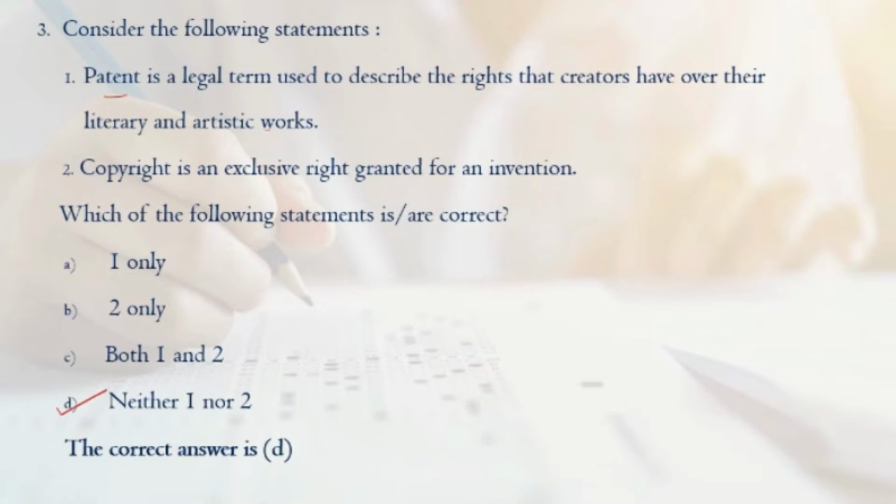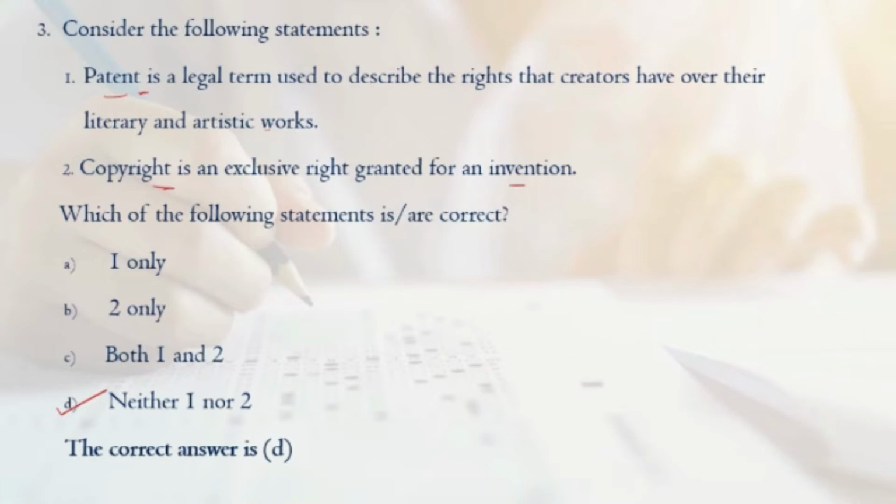Neither first nor second, because patent is an exclusive right granted for an invention. A patent provides the patent owner with the right to decide how or whether the invention can be used. Patent is related to invention. In exchange for this right, the patent owner makes technical information about the invention publicly available in the published patent document.